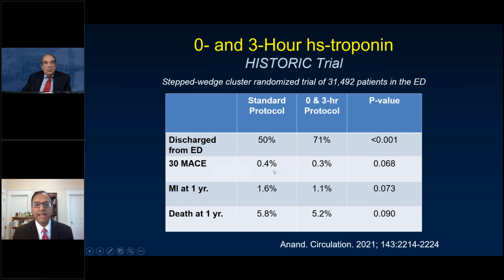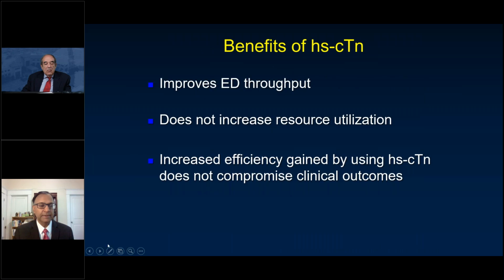Their 30-day MACE was not different. At 1 year, there was no statistical difference in terms of p-value at 1 year. Numerically, interestingly, the rate of MIs was actually lower in the early pathway. And deaths at 1 year also were not different from a statistical significance standpoint, although the deaths were slightly lower in terms of the rate.